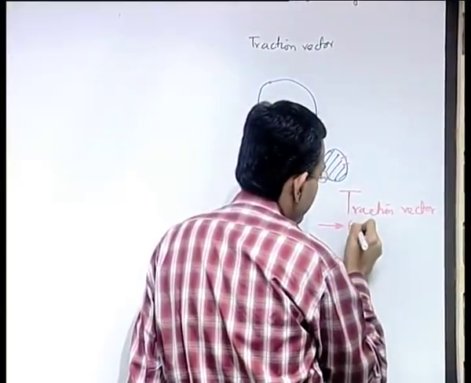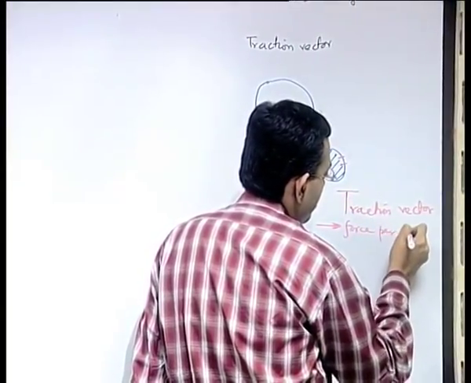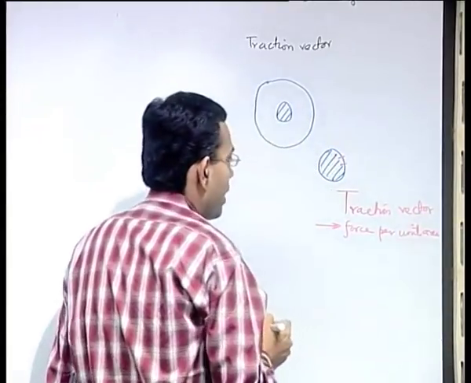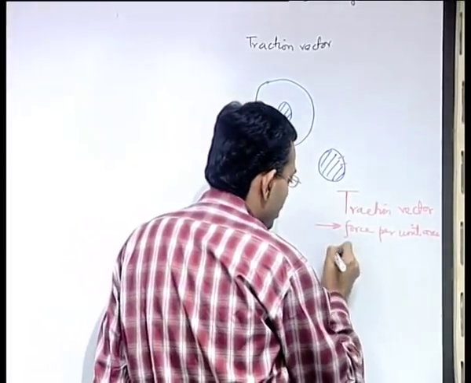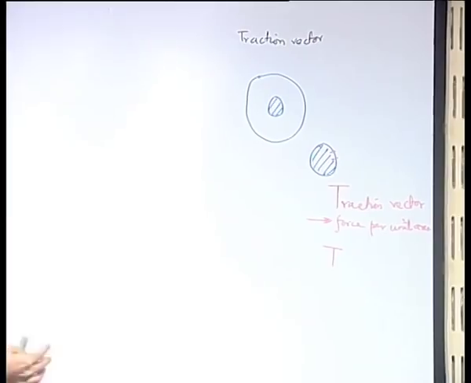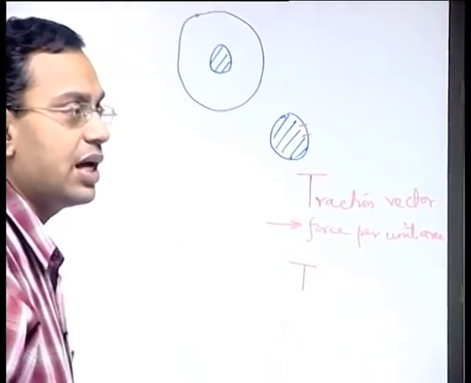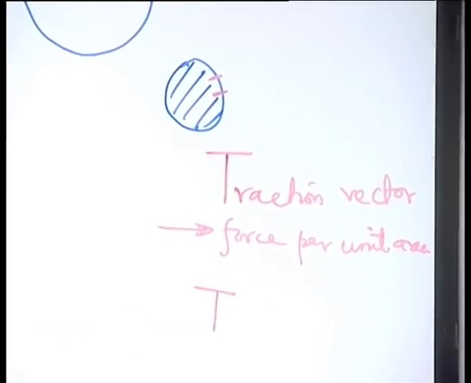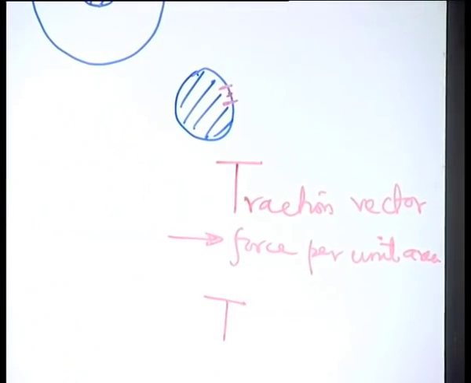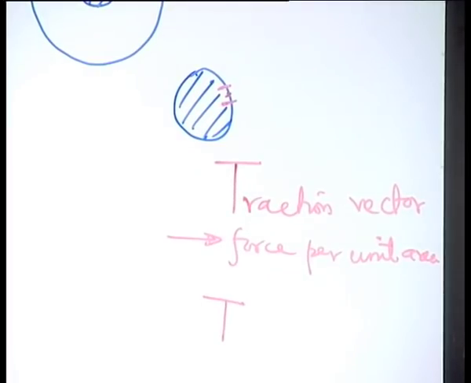This is force per unit area, and usually it has to be given certain additional features. Just mentioning the traction vector is not sufficient to prescribe it. Why? Because if you consider an area at a point, the force will not only depend on the magnitude of the area, but also the orientation of the area.